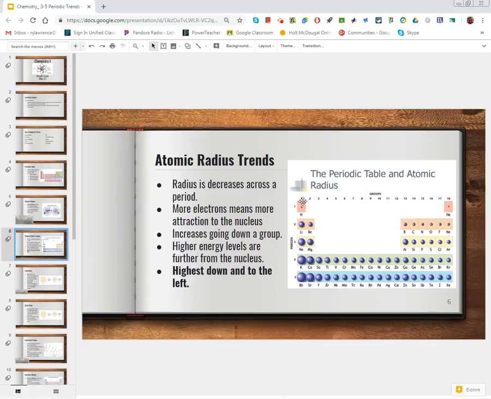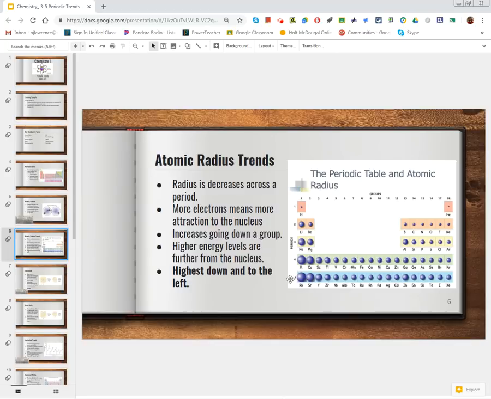First of all, let's think about it as we go down the periods, or as we add more electrons to the energy level. It's pretty simple to understand that hydrogen would be smaller than rubidium. Why would hydrogen be smaller than rubidium? Because hydrogen only has 1 electron. Rubidium has 37 electrons. Hydrogen only has 1 electron in the first energy level.